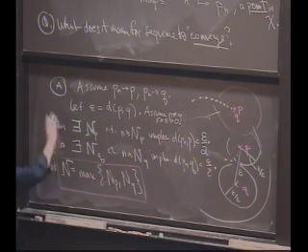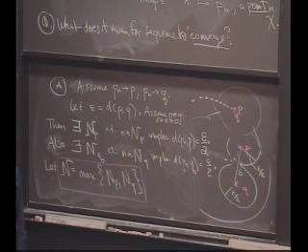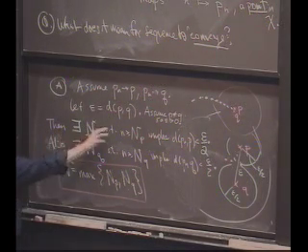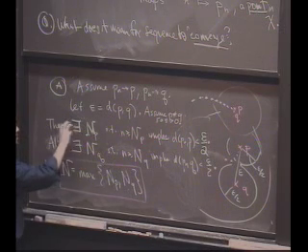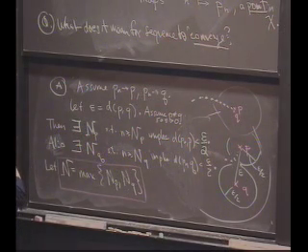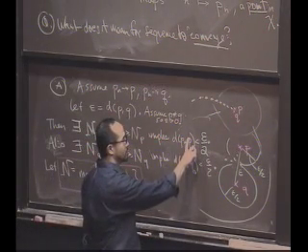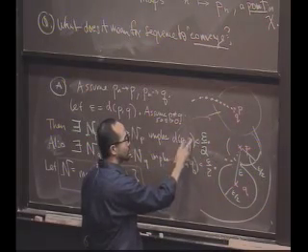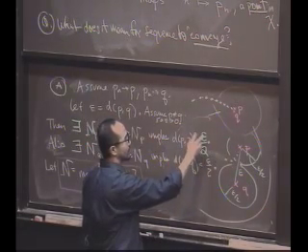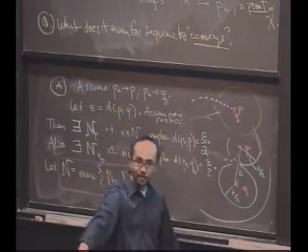But you could have done this not as a proof by contradiction. The other alternative would have been just to start here. Notice that these things have to be true, and then show that the distance between P and Q has to be 0. By showing that the distance between P and Q, what is this going to say? By triangle inequality, distance between P and Q has to be less than epsilon for every epsilon.